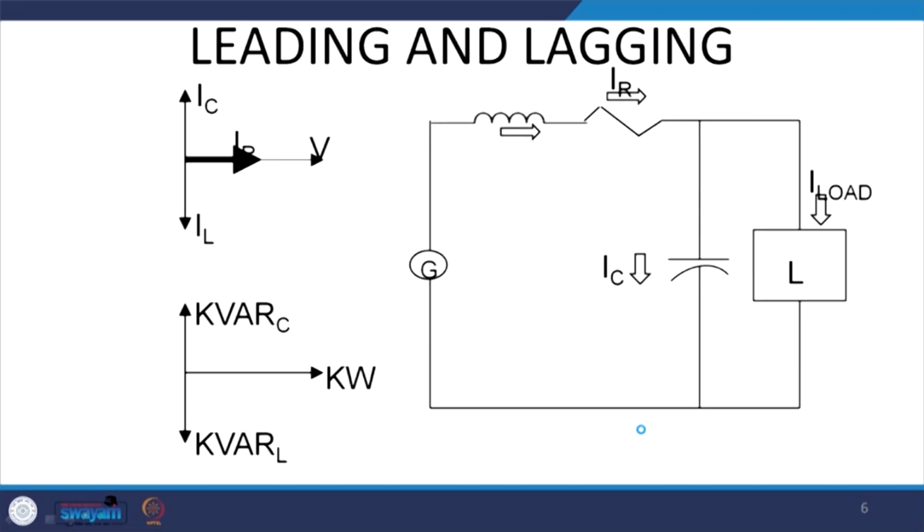For this reason we can have a leading and lagging power factor; this is an inductor, and for this reason you have a capacitor, we can have a load. So, for this reason we require to correct the load, and we can have a resonance condition when capacitive VAR and inductive VAR match each other, and thus the system behaves as a resistive circuit.